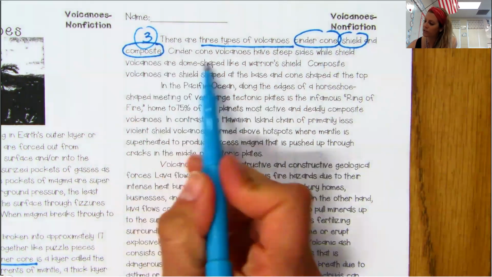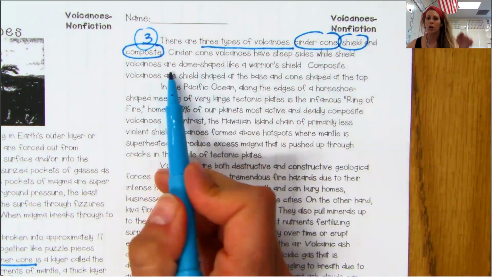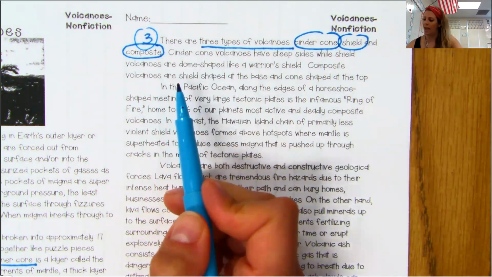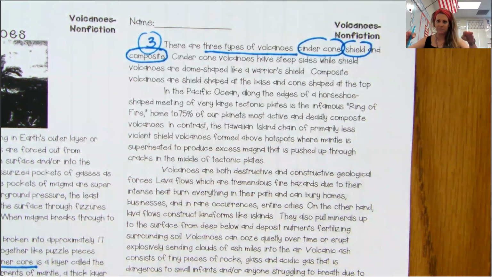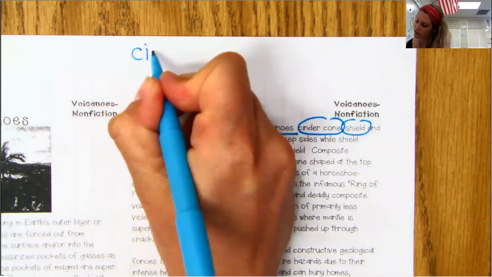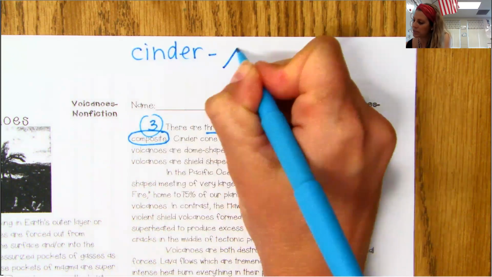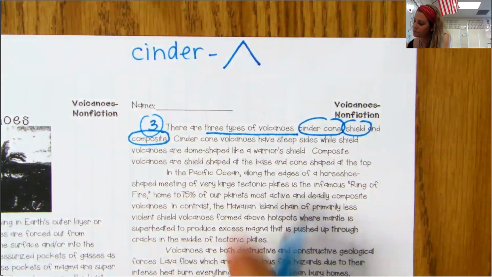Cinder cone volcanoes have steep sides, while shield volcanoes are domed. Okay, so the cinder has steep sides like this. So let's go ahead and right up here, we'll put the cinder, and then we'll go ahead and draw that one. It has steep sides.